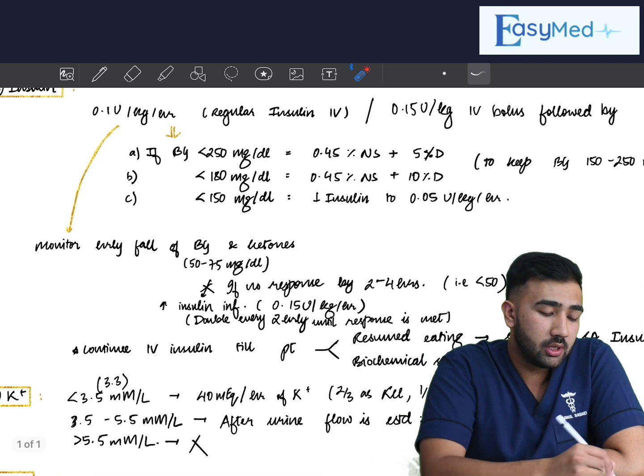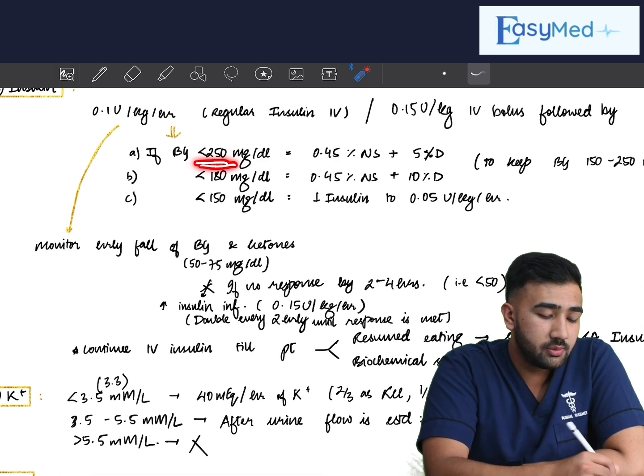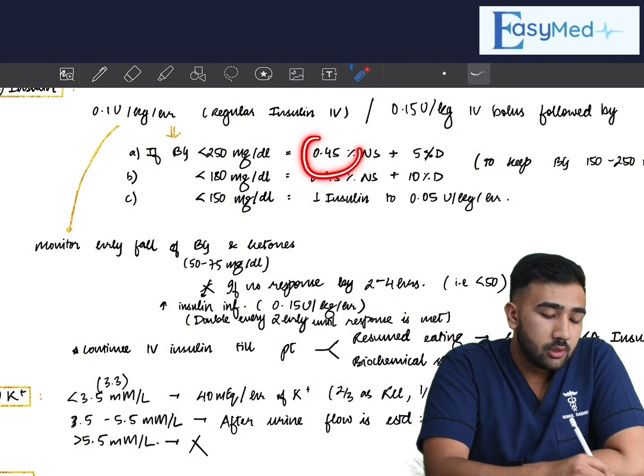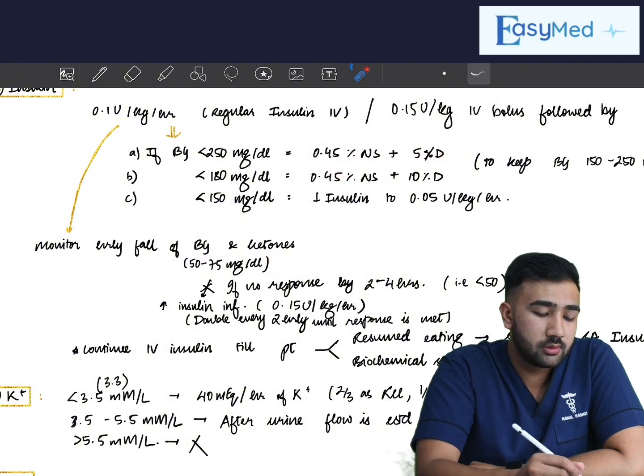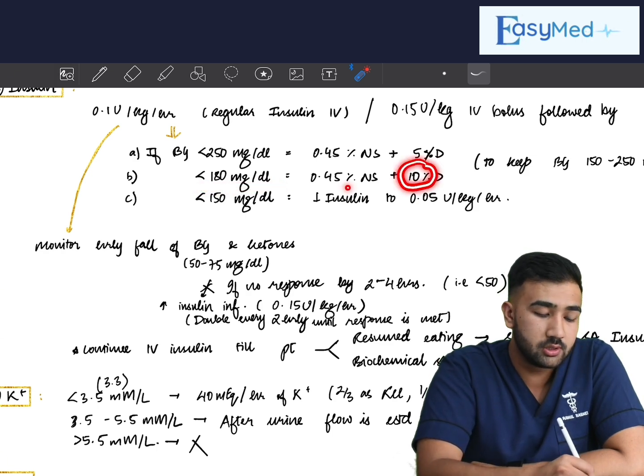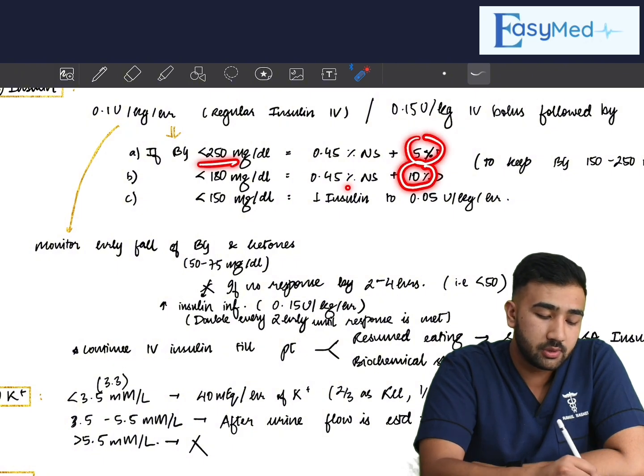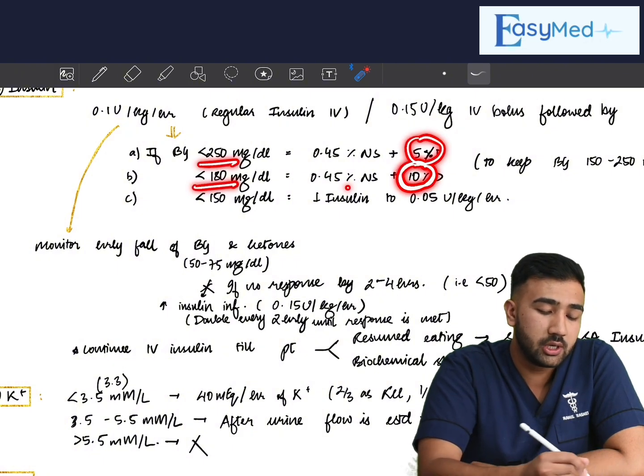As we give the insulin, if blood glucose goes less than 250 mg per dl, we shift NS to half NS and give 5% dextrose. If less than 180, then give half NS plus 10% dextrose. Less than 250, 5%; less than 180, 10% dextrose.